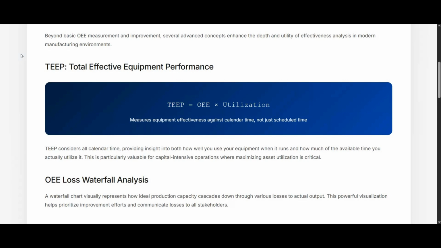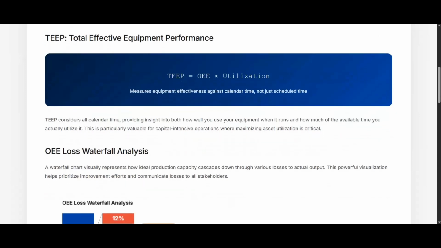Now let's dive into the advanced stuff, starting with TEEP. What is that? It stands for Total Effective Equipment Performance. The formula is simple, as you can see here. TEEP equals OE multiplied by utilization. What makes TEEP special is that it measures effectiveness against total calendar time, not just scheduled time.